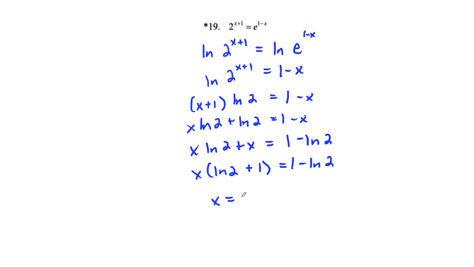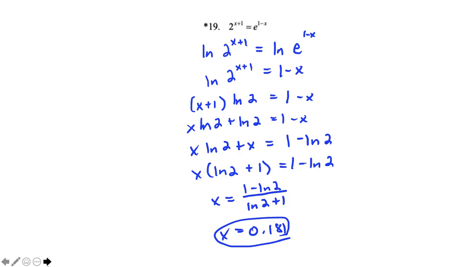Solving for x algebraically, we end up with 1 minus the natural log of 2, all divided by the natural log of 2 plus 1. Again, notice this is an asterisk problem, so go ahead and type that into your calculator. If you type things correctly, you should end up with x is equal to 0.181.